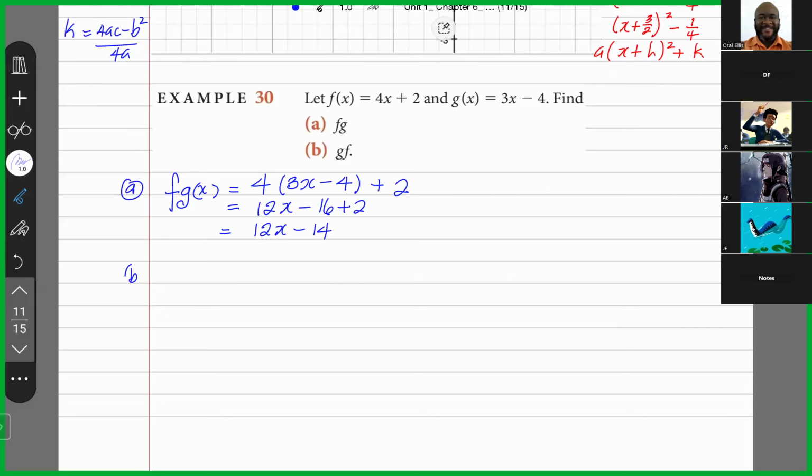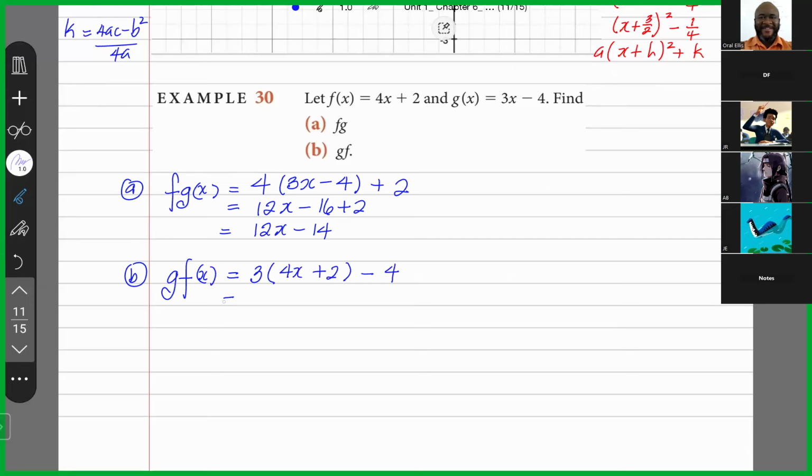B is asking us for g of f of x. Now, g of f of x is a composite function in which the range of f is the domain of g. So in g, wherever I see x, I'm going to replace x with f, which is 4x plus 2.